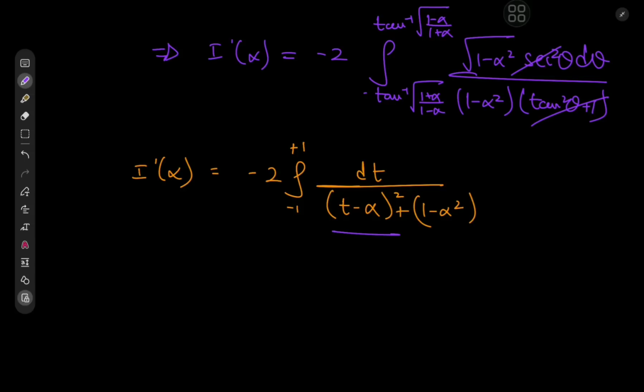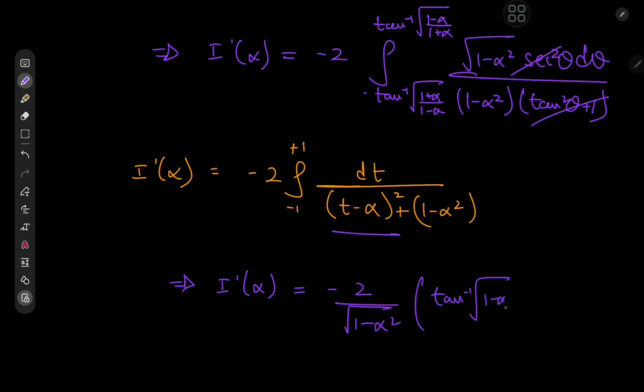And again, we have some further cancellation because of root 1 minus alpha squared and 1 minus alpha squared itself. And this implies that I prime of alpha equals negative 2 divided by root 1 minus alpha squared. And we just need the limits now. So we have inverse tangent of root 1 minus alpha divided by 1 plus alpha, 2 negatives canceling out, inverse tangent of root 1 plus alpha divided by 1 minus alpha.